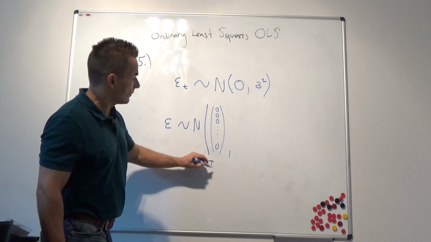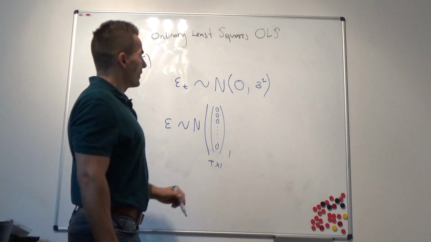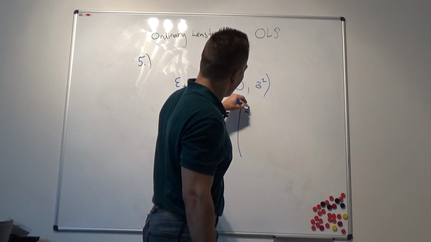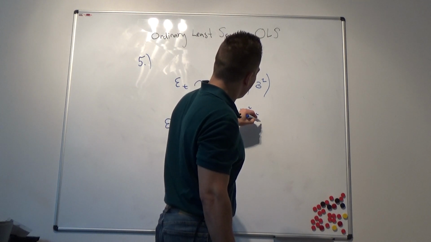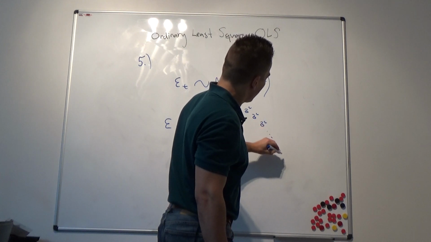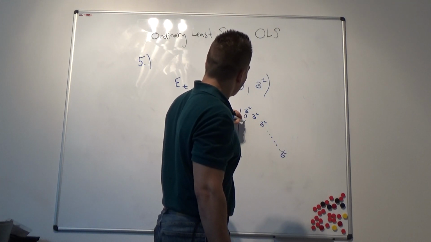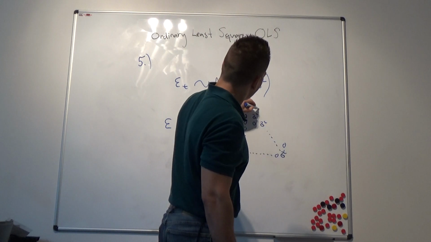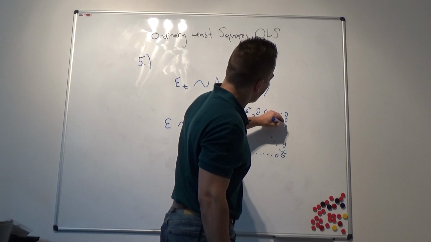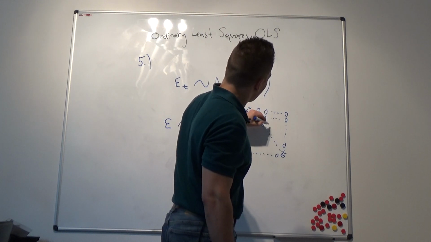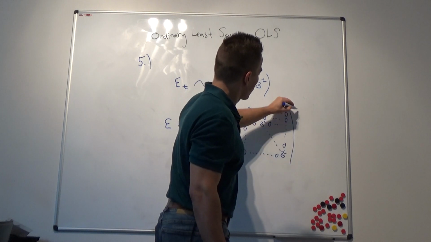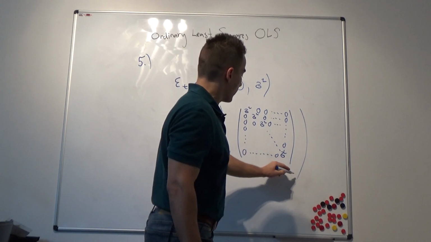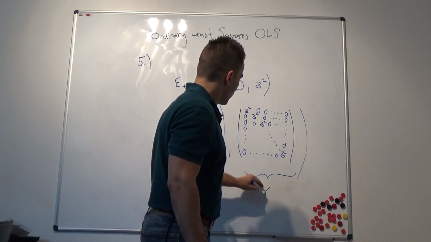So the dimension of this vector is t by 1, and the covariance matrix has sigma square on the main diagonal and everywhere else zeros. The dimension of this covariance matrix is t by t.